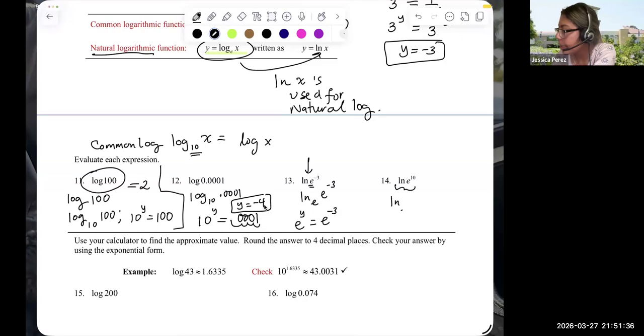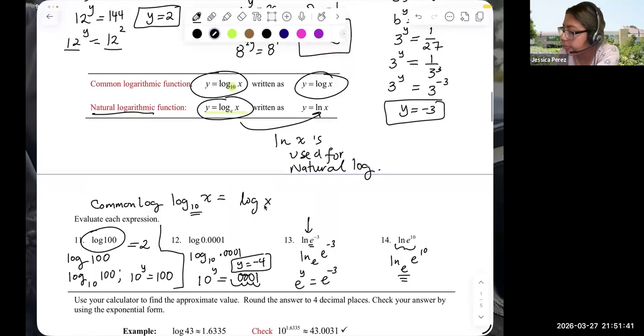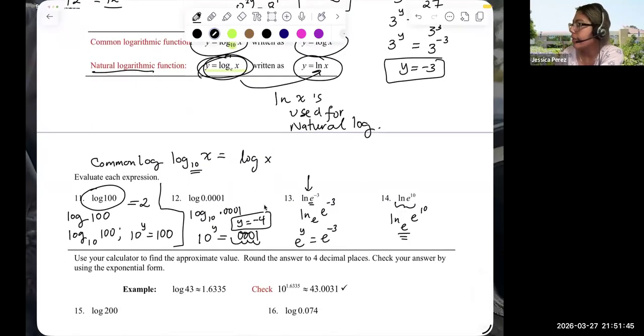Well, it's ln of e to the 10th. So ln of e to the 10, e to the y is equal to e to the 10. Well, y is equal to 10. So we're just rewriting and using the expression that we just learned.